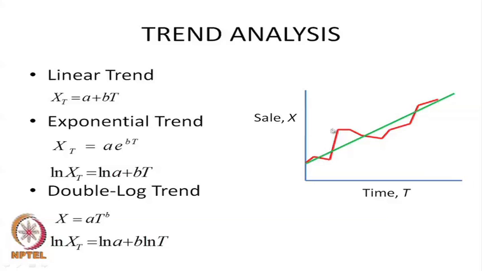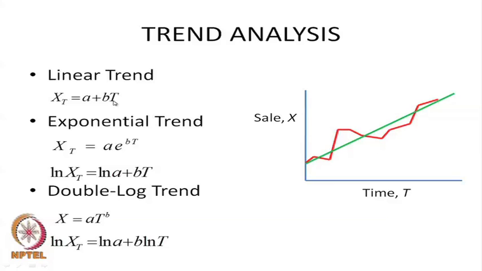So, given the past data, we can make a projection by assuming a linear fit to the past data. The linear fit is given by the equation x t equals a plus b t.